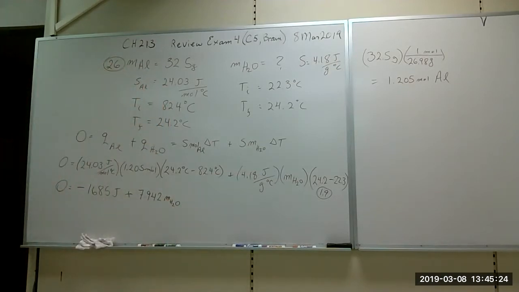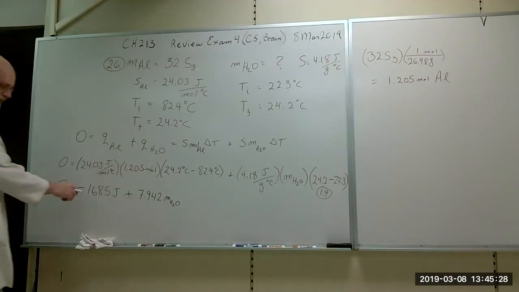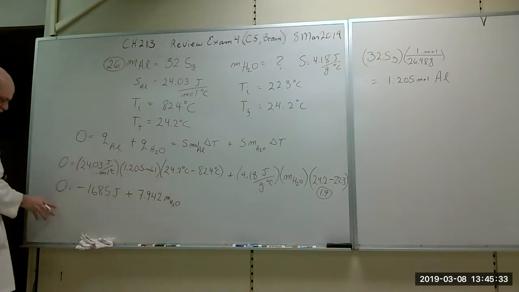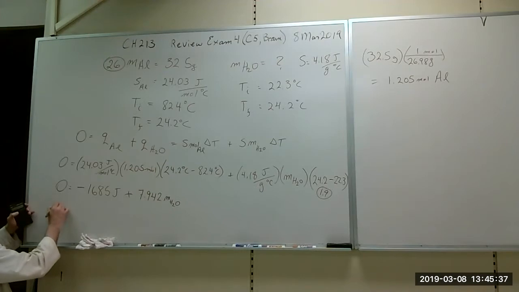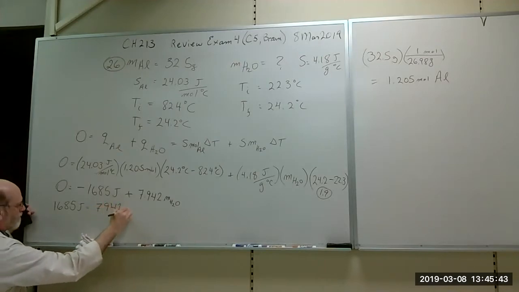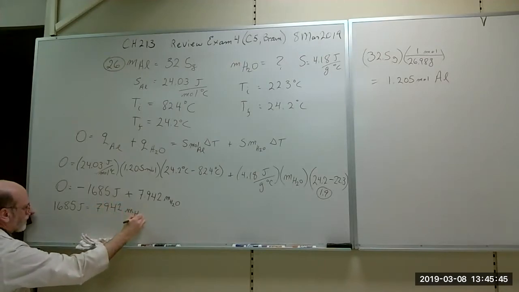Now, since this is that times that, this has to be moved over here. So it's a negative there, it'd be a positive on this side, times the mass of water.